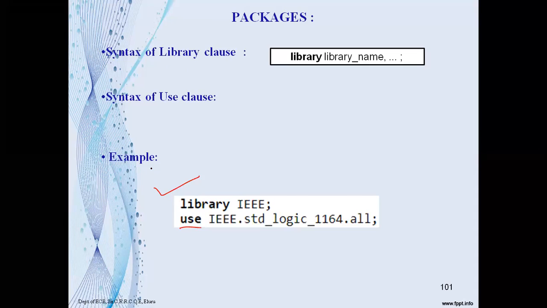Take IEEE as the standard library. For this IEEE library, we have different packages: IEEE standard logic signed, unsigned, numeric, arithmetic. There are different IEEE packages in the library of IEEE.